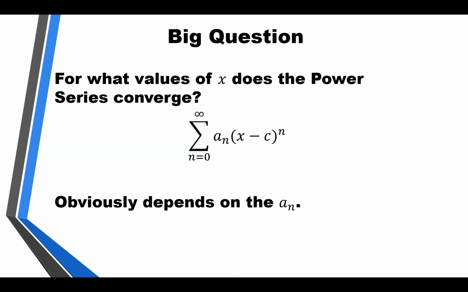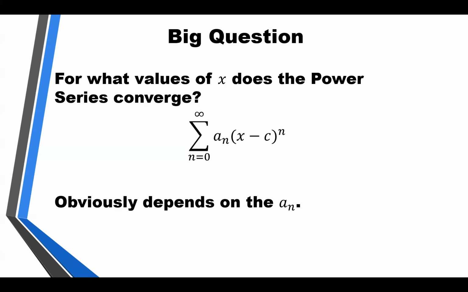The big question we're going to ask in this section is, for what values that I plug in for x does the power series converge? And for what values, when I plug in those values for x, does the power series diverge?